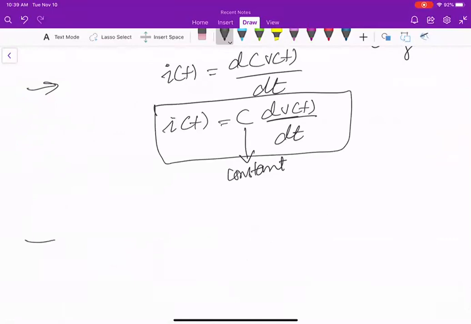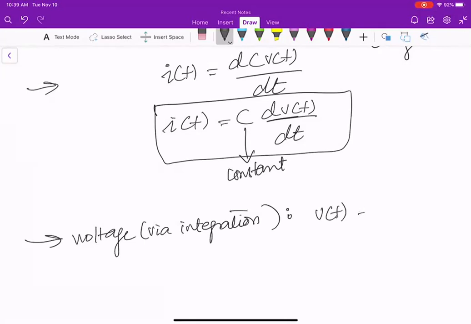Then if we want to find voltage, that will become V of t is equal to 1 by C, which, this would be the initial condition in the equation.